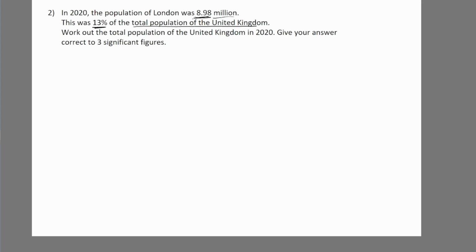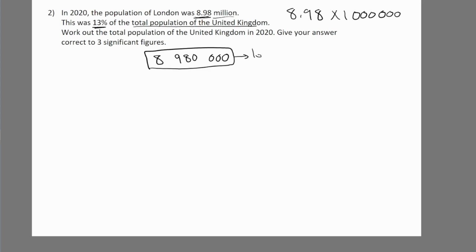that the population of London was 8.98 million, right? So firstly, let's go ahead and transfer that to 8,980,000. We did this by simply multiplying 8.98 by 1 million. Okay, so this was the population of London. Now, this was 13% of the total population of the UK.